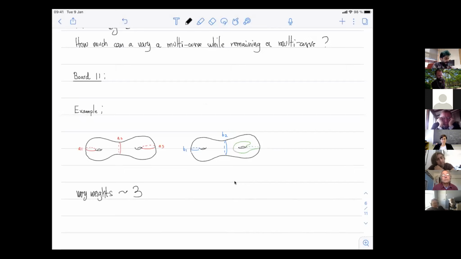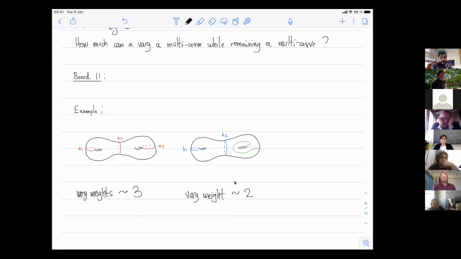On the left-hand side, we have 3 components, the 3 red ones, and the only thing that I can do is vary the weights. On the right-hand side, I want you to look at the multicurve given by the 2 blue curves. And again, what you can do is vary their weights, and that's going to give you 2 dimensions here.